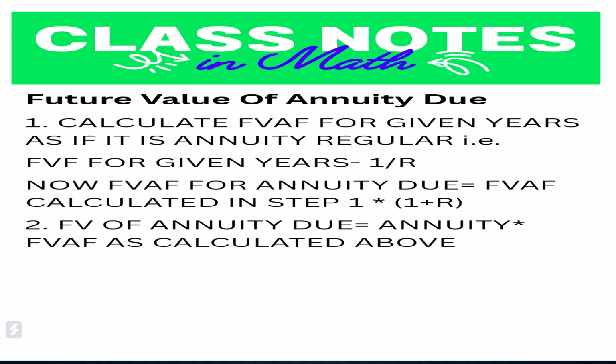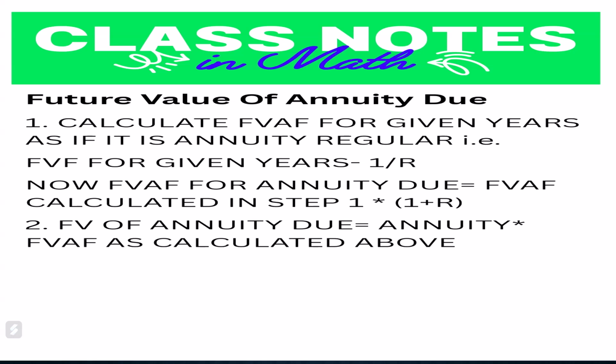So the future value annuity factor will be calculated by FVF for given years minus 1 divided by R, which we already discussed in our previous video.